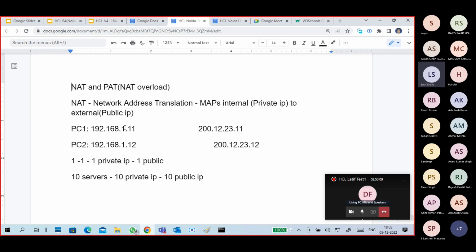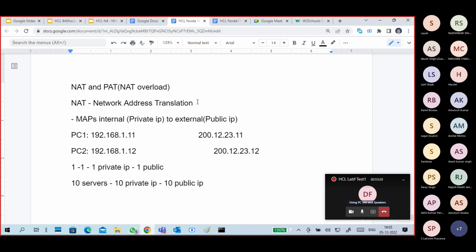NAT means network address translation. It maps internal, meaning your private IP address, to your public IP address. My PC is configured with a private IP, but when it is communicating outside, it communicates with a public IP.